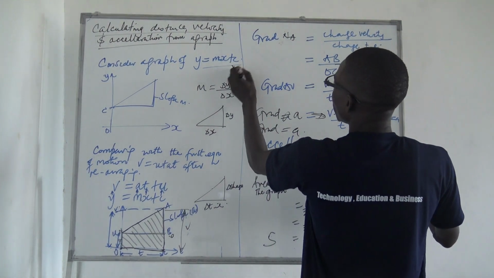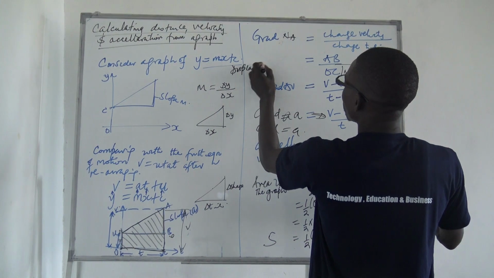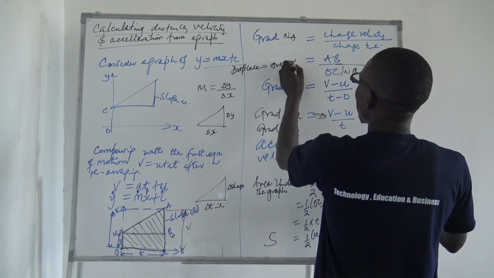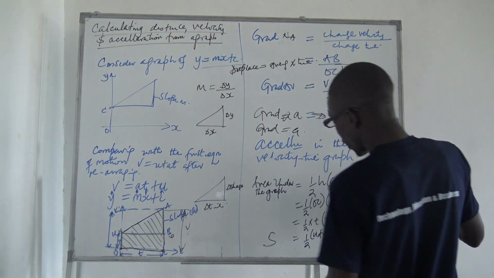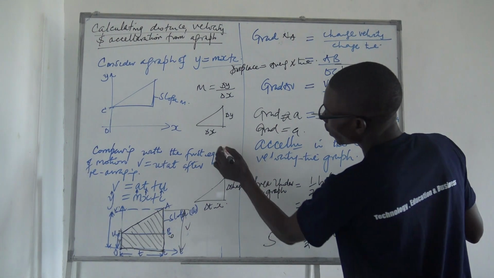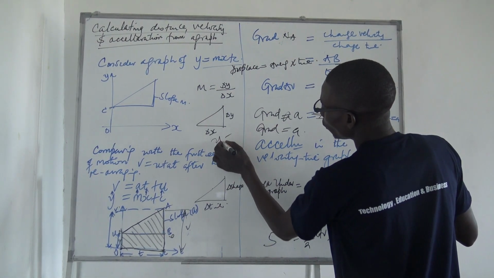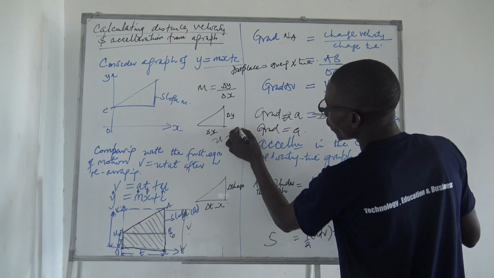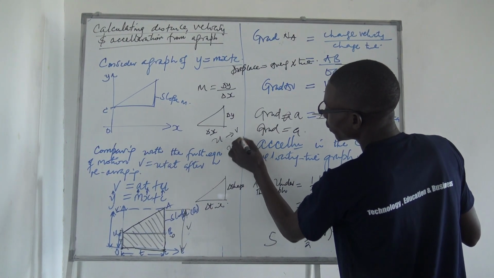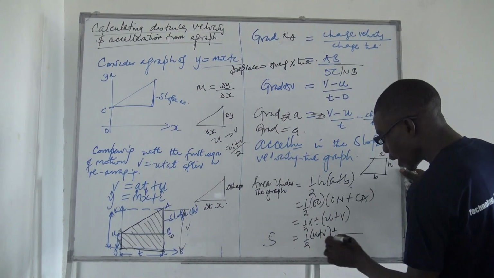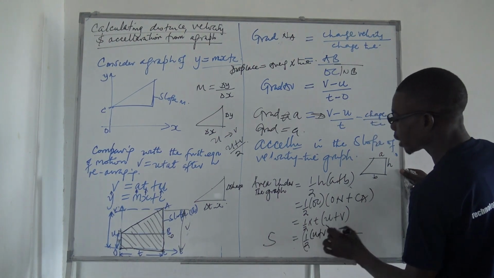If the body moves from velocity U and increases it to V, the average is U plus V divided by 2. So this alone is average velocity times time.